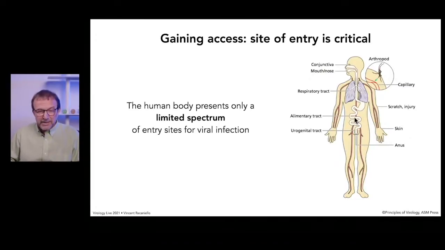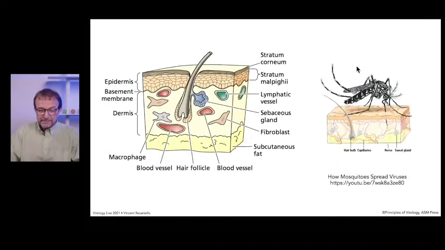We have the alimentary tract, the urogenital tract, and we have the conjunctiva, the eye. I would lump that with mucosal surfaces like respiratory mucosa and GI mucosa and urogenital mucosa. So there are not that many places where viruses can get in. It's good. We're well protected.